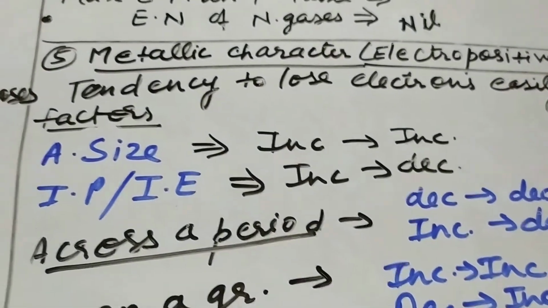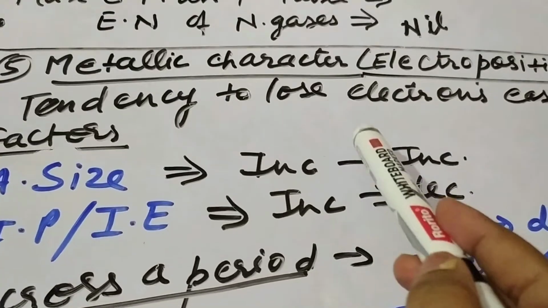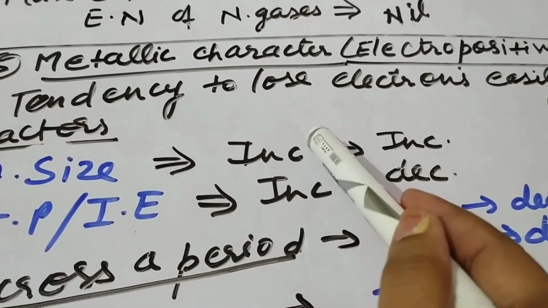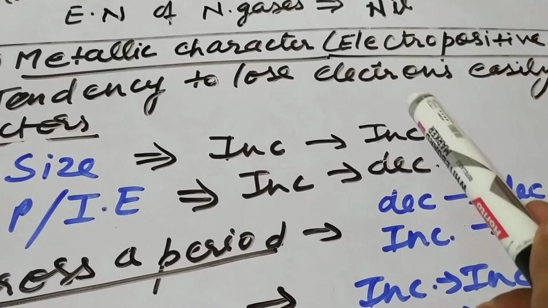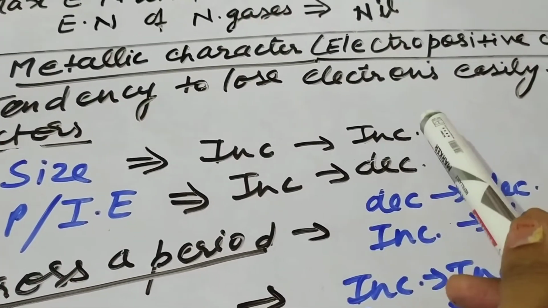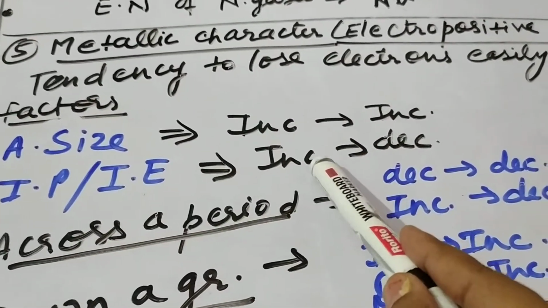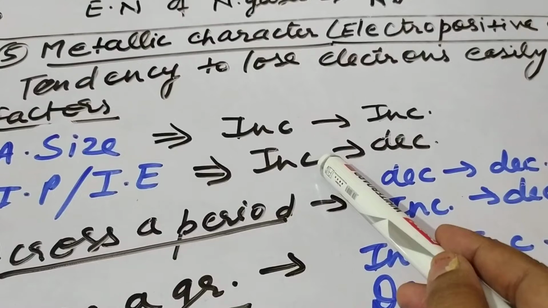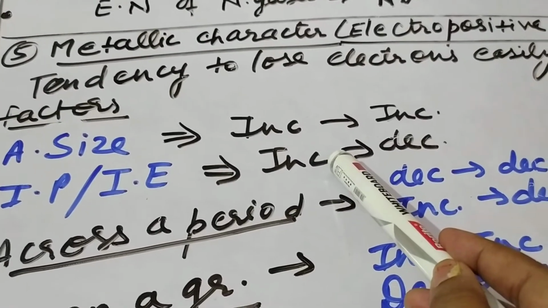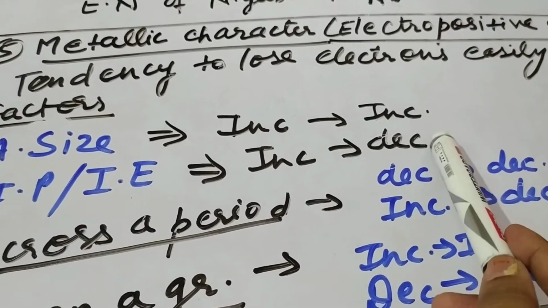If atomic size increases, the force of attraction will decrease, the outermost electron will become loose, and therefore atoms can lose the electron more easily, so metallic character increases. If IP increases, then metallic character decreases because the force of attraction will increase. Obviously size will become small and the tendency to lose the electron will decrease because they will be tightly held by the nucleus.